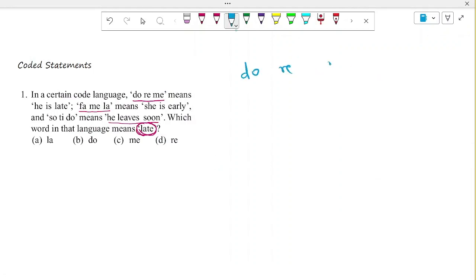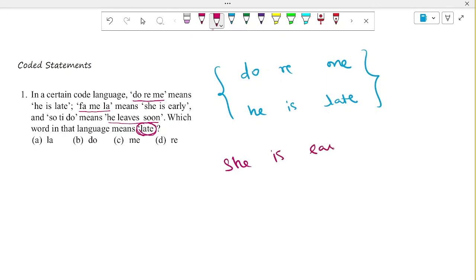Do re mi is coded as he is late. Actually, when you see the first statement, you cannot identify which word corresponds to which one. So we'll go for the second one. You need to write the second one also. She is early is coded with fa mi la. Right.